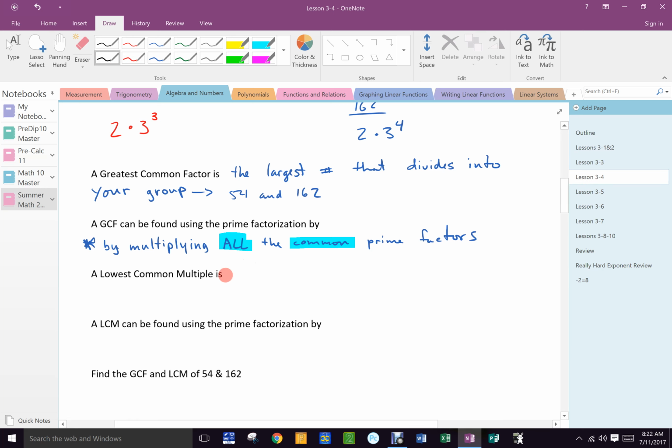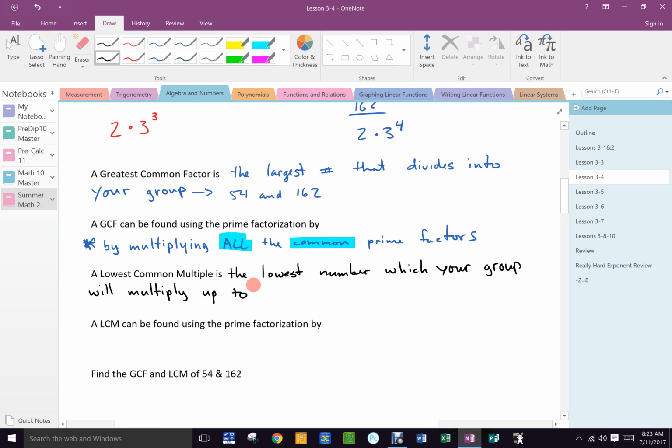A lowest common multiple is the lowest number which your group will multiply up to.